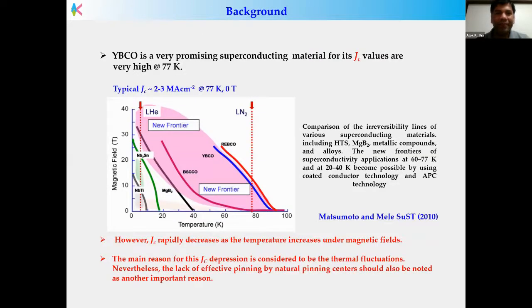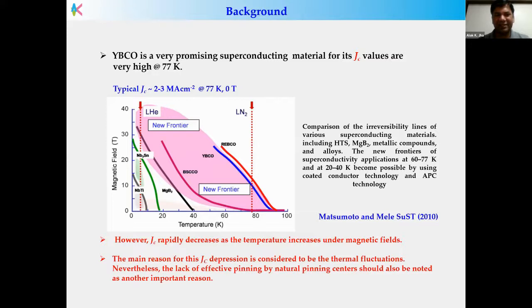YBCO is a very promising superconductor, for its TC is much higher than the liquid nitrogen temperature, and it has a much larger critical current density, of the order of megaamp per centimeter square at 77 K and zero field. But another parameter of great importance is the irreversibility field.